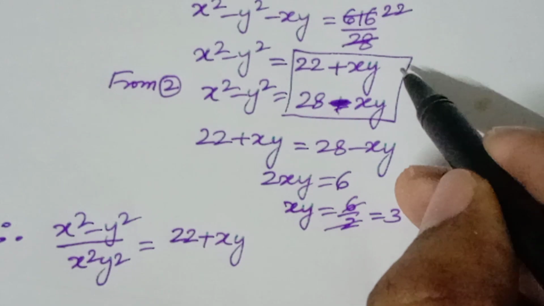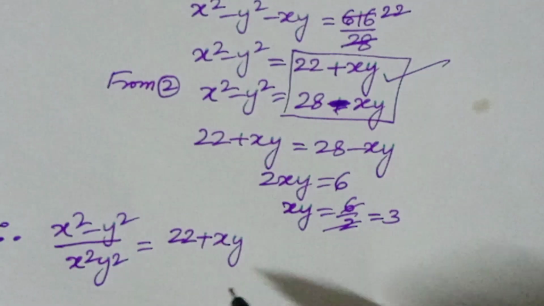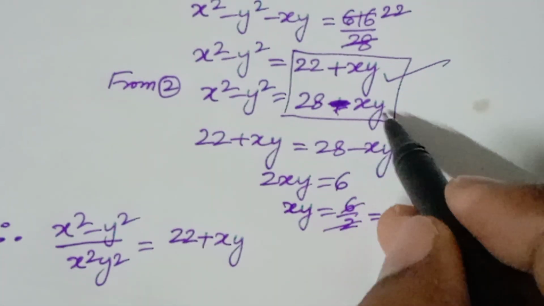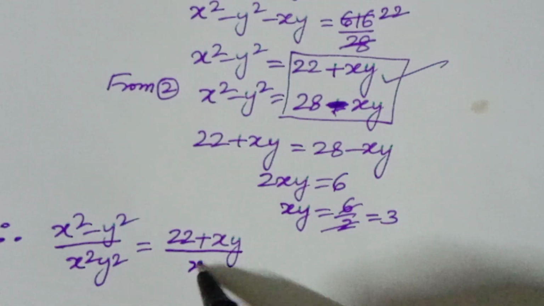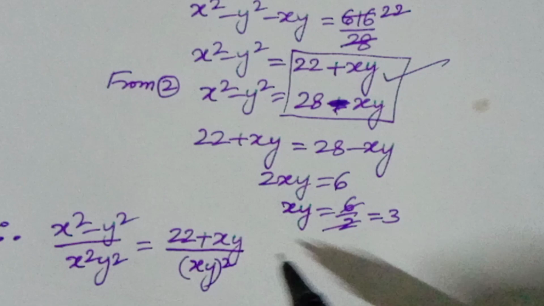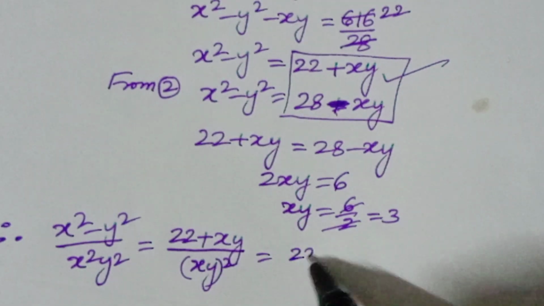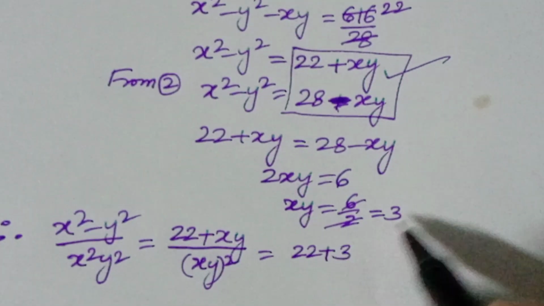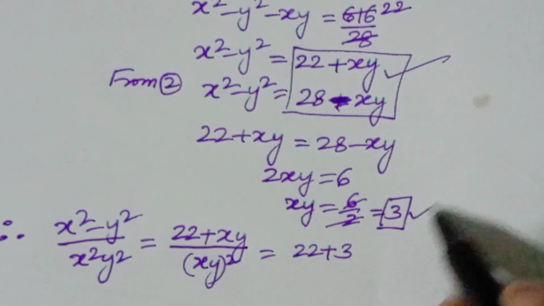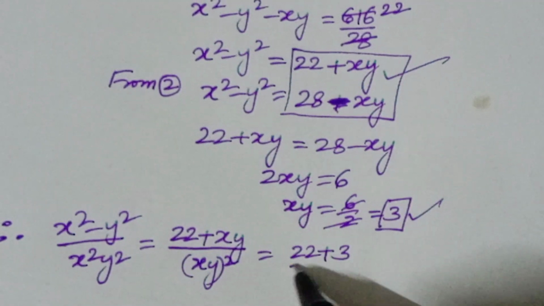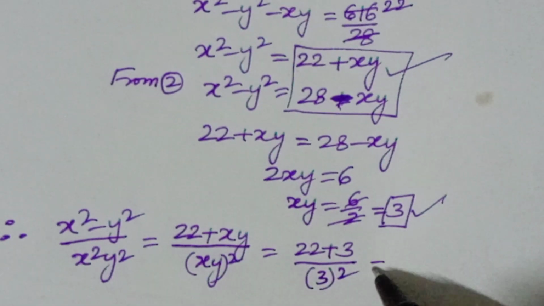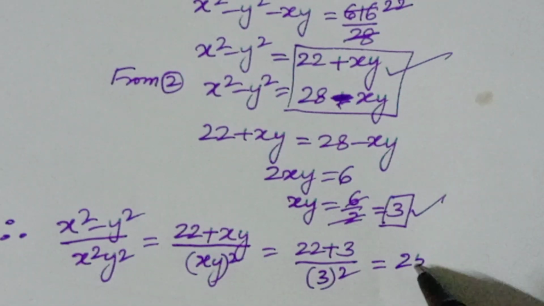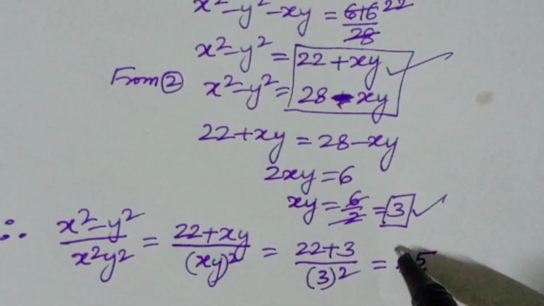Otherwise you can take the other one also, no problem. So 22 plus xy by (xy) whole square. It can be written as 22 plus 3, since the xy value is 3, by (xy) whole square, which means 3 whole square. So the answer is 25 by 9.